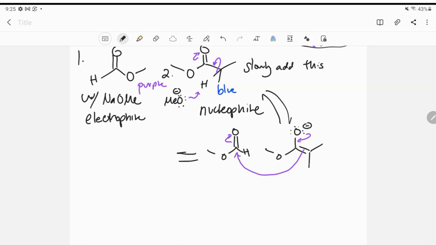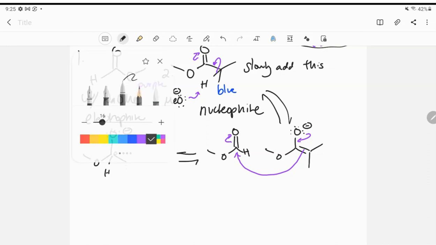And we're going to go this way. So now we have what used to be our carbonyl, an H. I'm going to put the H down just so we have some space here. We now have this carbon in red.